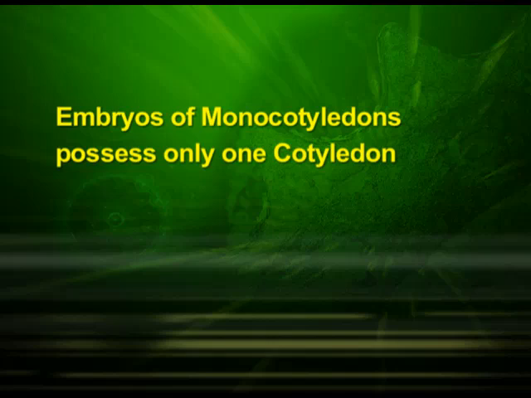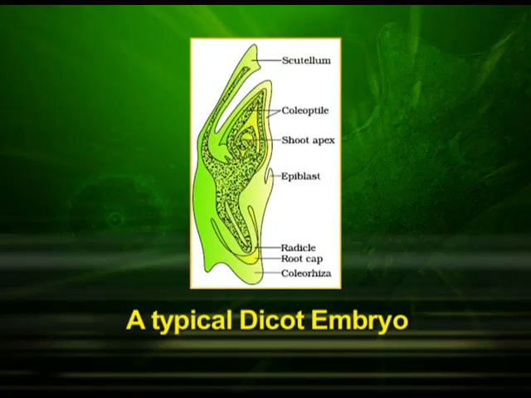Embryos of monocotyledons possess only one cotyledon. You can observe this in the longitudinal section of an embryo of grass in this diagram. In the grass family, the cotyledon is called scutellum, that is situated towards the lateral side of the embryonal axis.